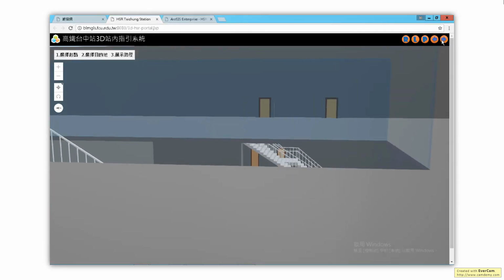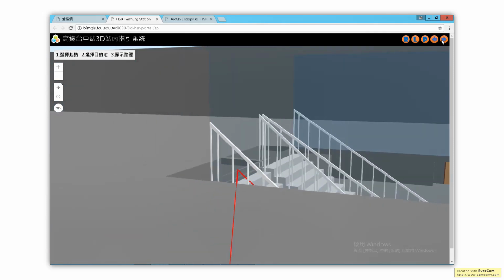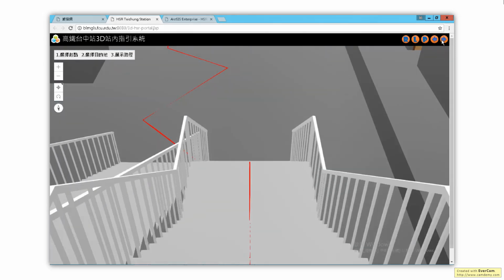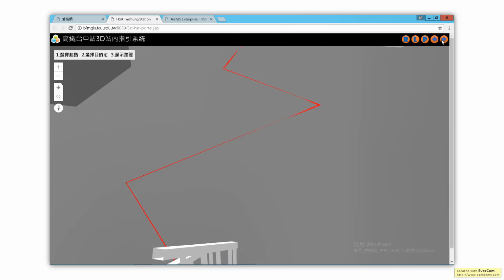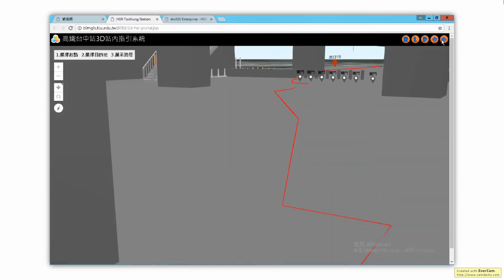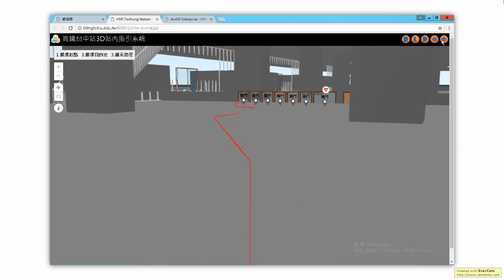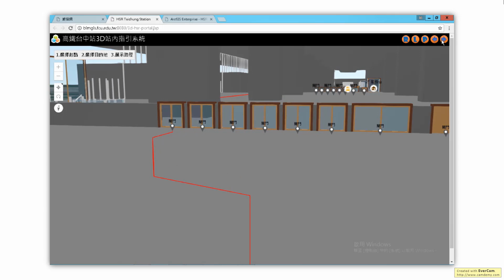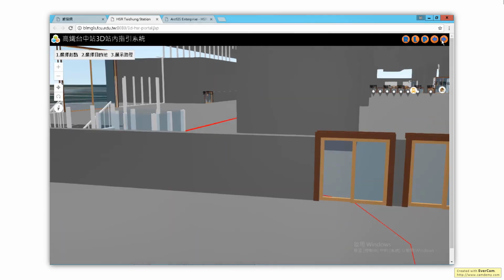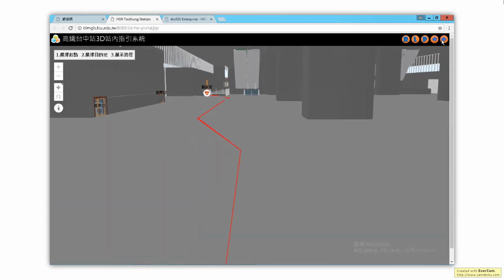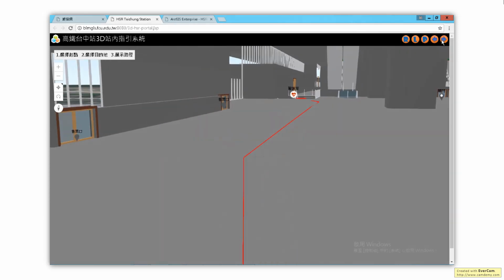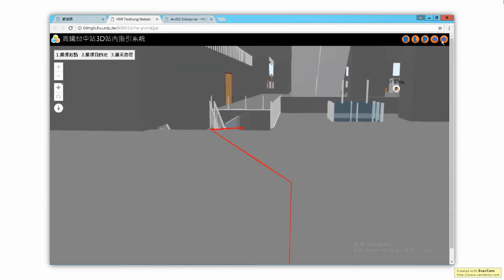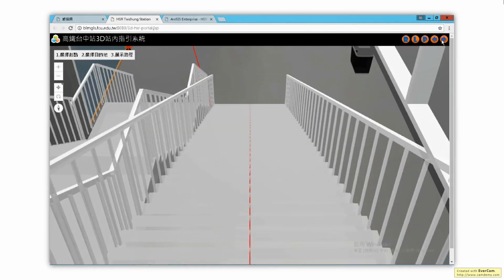You can navigate the path starting from when you get off the train and go down to the level of the gate, and then take a route on your left-hand side to exit the gate and continue to move forward to level 1, where you can take the bus.